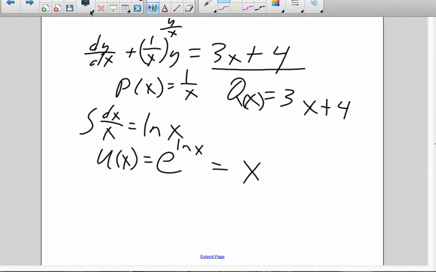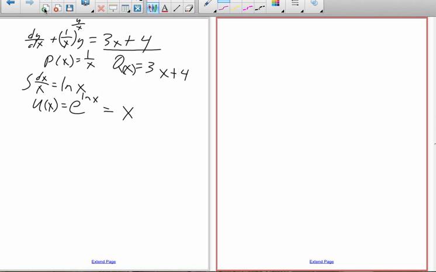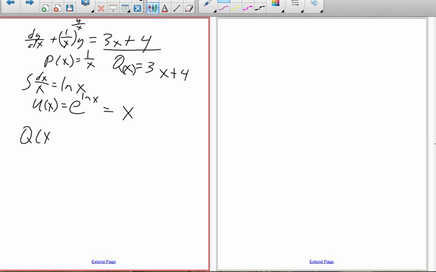So far we're in good shape. We've got our u of x, so now we need to do our q of x times u of x, which is going to equal this times this. That's going to give me 3x squared plus 4x.